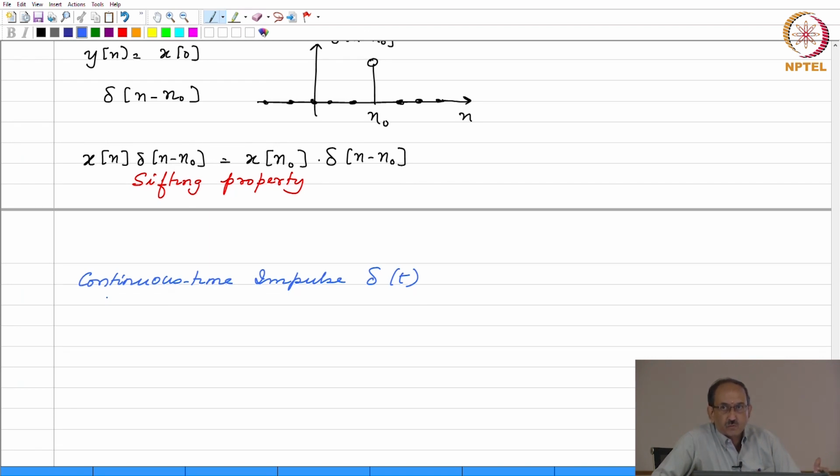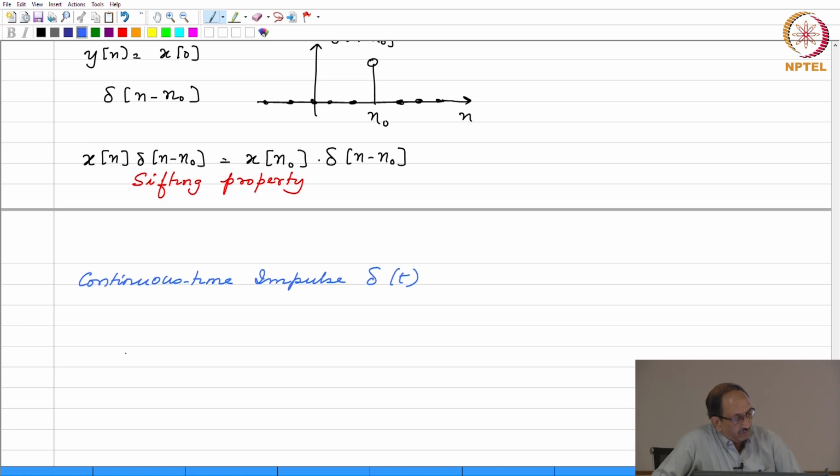So, it is not that he was the one who invented this. He came up with this definition, used it and got the correct results that was completely against what the mathematicians were used to at that point in time. So, since he got the right results, they could not argue against it, but they could not explain it based on whatever knowledge they had. So, the theory of delta was built much later.